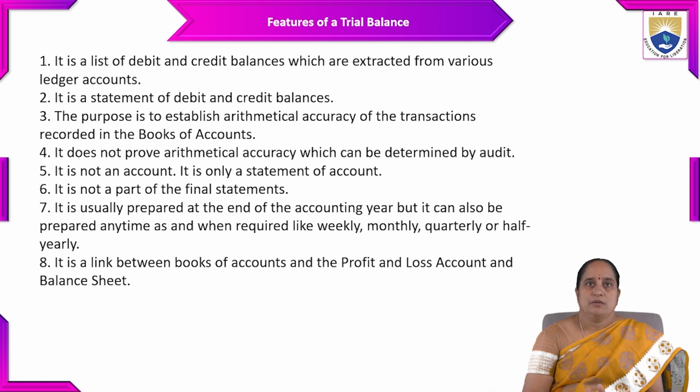That is the reason they prepare final accounts yearly. But the trial balance, whenever you want, you can easily look into the statement. It is a link between the books of accounts and the profit and loss account and balance sheet. Based on the trial balance, at the next level the trading account, profit and loss account and balance sheet are prepared.